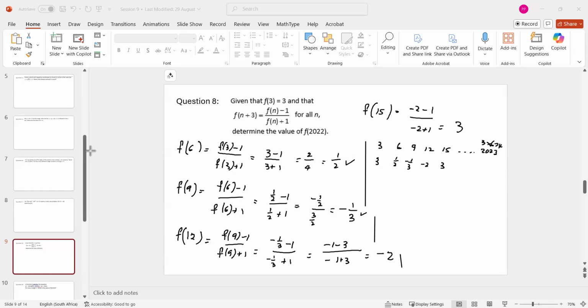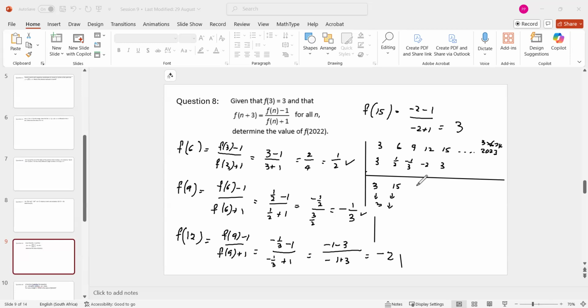It just keeps going on the same way, it just keeps repeating. So let me see which ones go to 3. And so I have 3 and 15. They both go to 3.